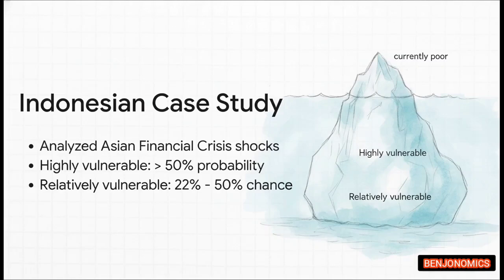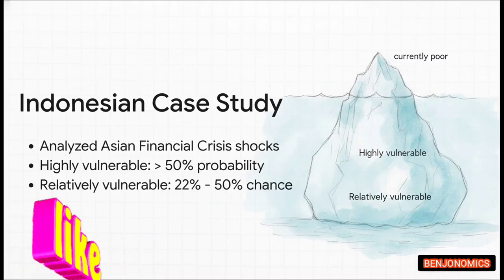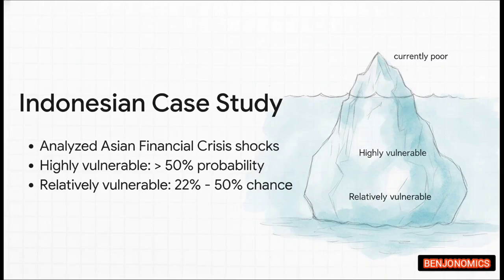Highly vulnerable meant a household had a greater than 50% probability of falling into poverty. Relatively vulnerable meant a 22 to 50% chance. This robust economic analysis revealed what we call a hidden iceberg effect. The vulnerable population at risk of falling into poverty was actually far, far larger than the population that was currently poor.